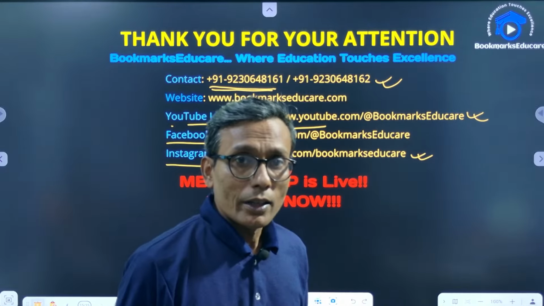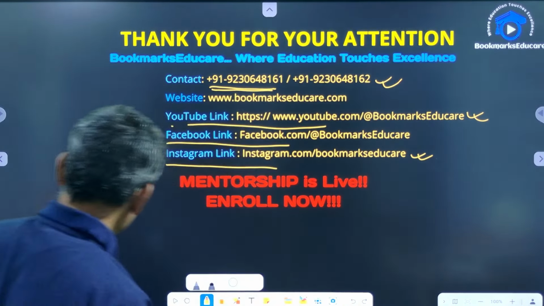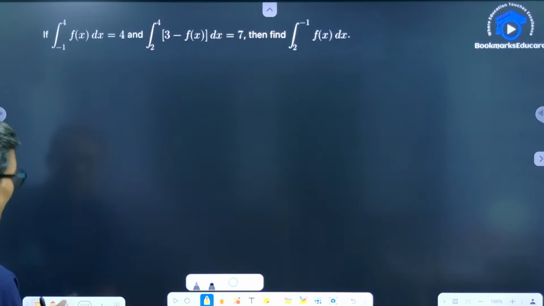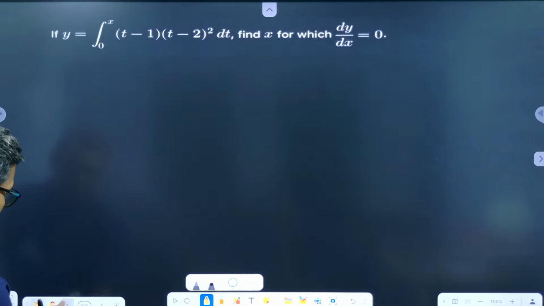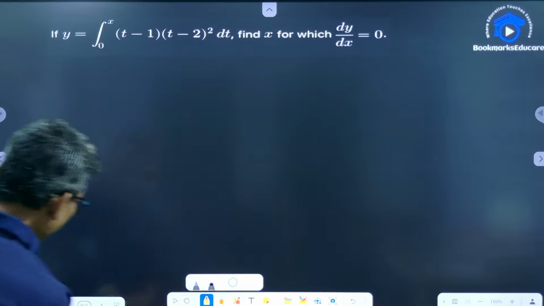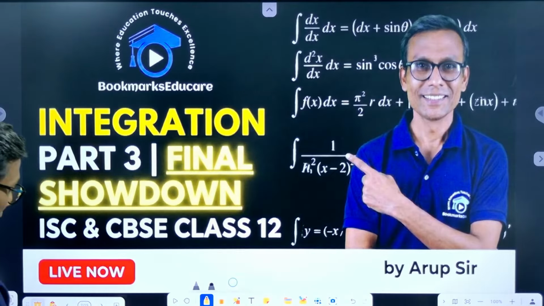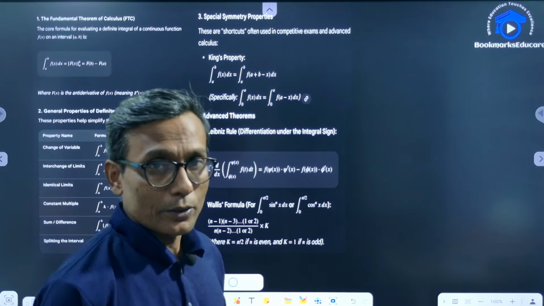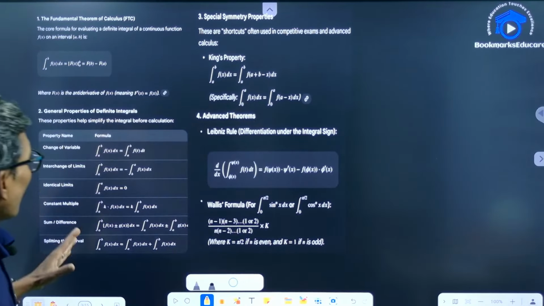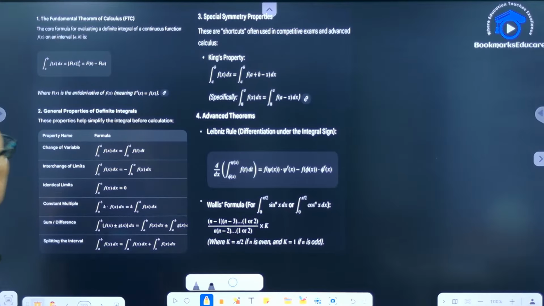So now I'm going into our chapter, means our today's topic, which is based on definite integration. I have already said to you that these are all properties of definite integral.